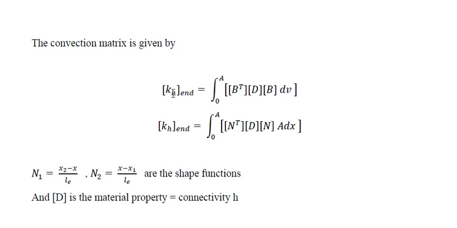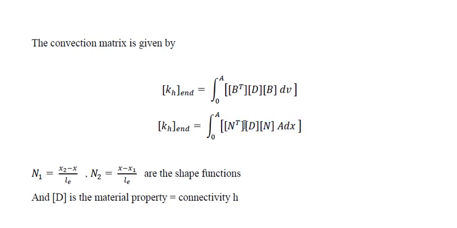Since it is convection, we write H. What is H? Convective coefficient. K_H is the convection matrix. End means end convection. It is given by this expression, particularly this expression, not the above one.